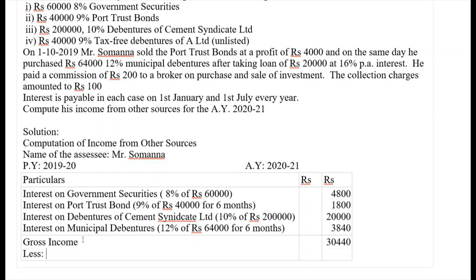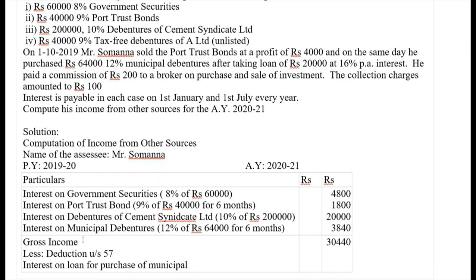So less deduction under section 57. First we shall take interest on loan for purchase of municipal bonds, municipal debentures, which can be calculated at the rate of interest here, 16%.